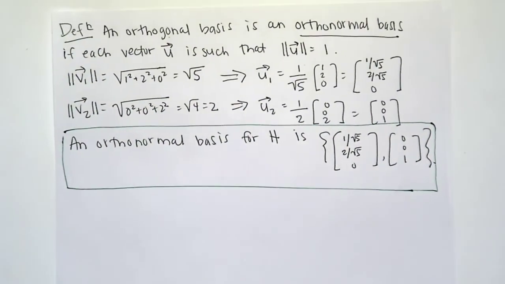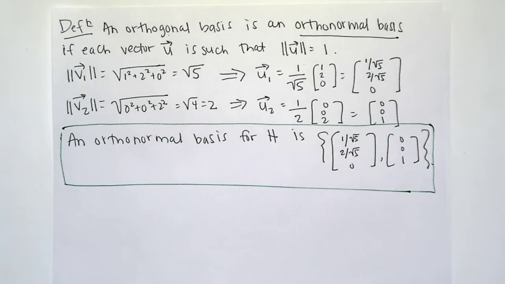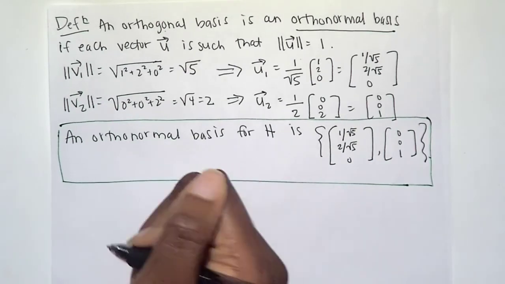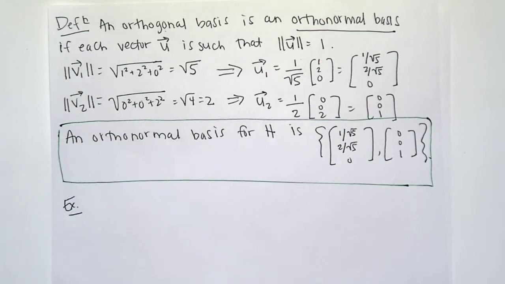Okay, so that was one big example. I want us to do one more practice with Gram-Schmidt, the Gram-Schmidt process, when we have more than just 2 vectors, because it gets a little more tricky or a little more involved when you have more than 2. So we're going to do an example with 3 vectors, 3 basis elements. So here's the example.